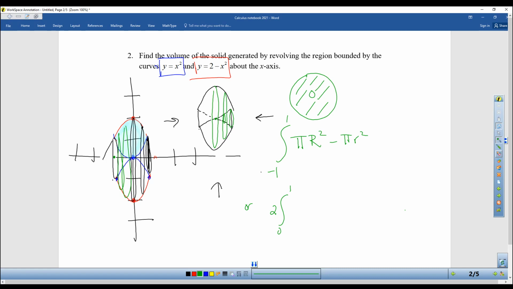And in addition to that, I think I'm going to make room there and take out my pi. So 2 pi, and then capital R squared minus lowercase r squared. And what does that big radius come from? What makes that? The higher one, the red one, the 2 minus x squared. And then what does the little one come from? The x squared.